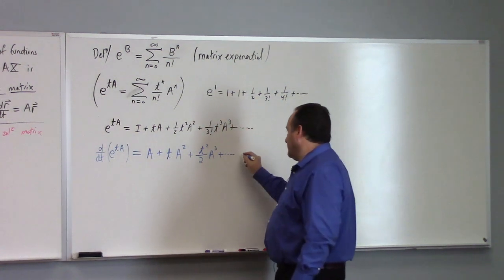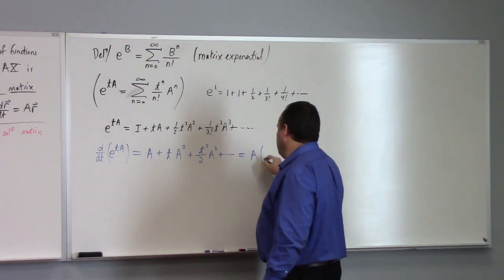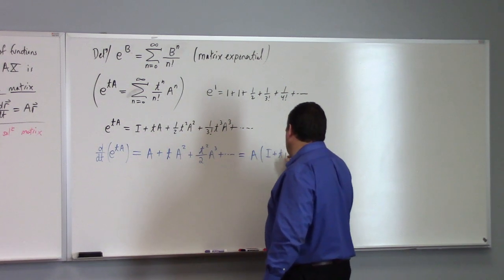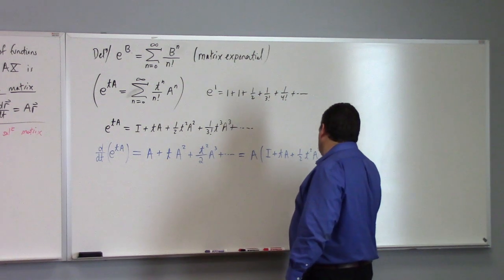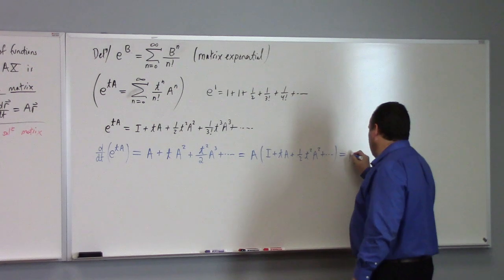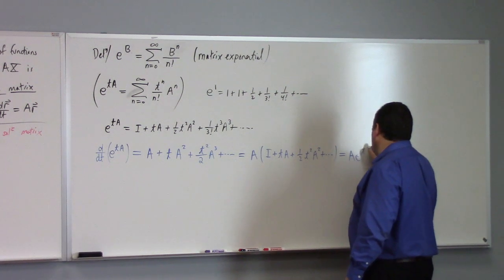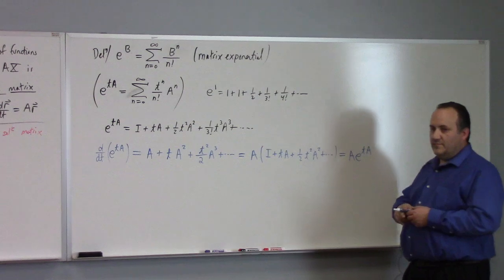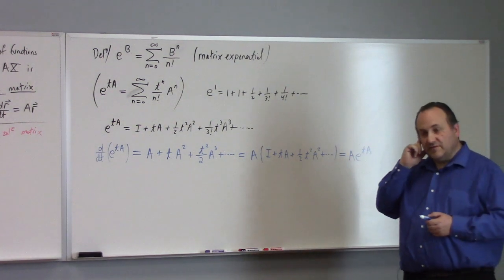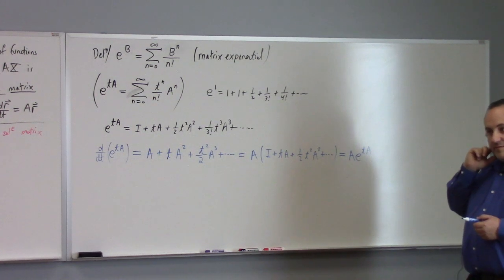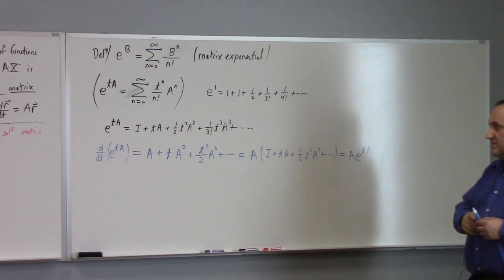Tilt your head, squint, what you got here? Factor an A out. We've got A times I plus TA plus 1/2 t squared A squared, right? I hope you can see the pattern. We're looking at A e to the TA. What does this mean? This means the matrix exponential is a solution matrix to dx/dt equals Ax.